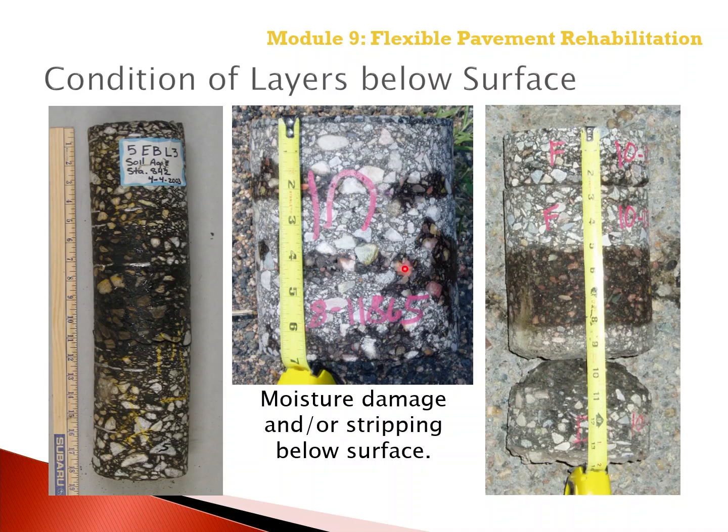This also exhibits moisture damage, and without the use of the FWD or visually looking at the cores, we may not detect that the lower layers have an issue with moisture damage or stripping, and our rehabilitation strategy may be inappropriate.